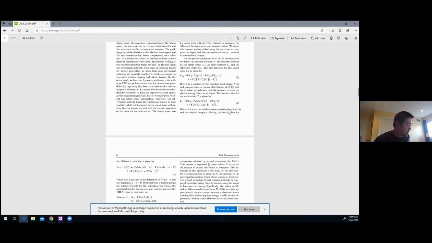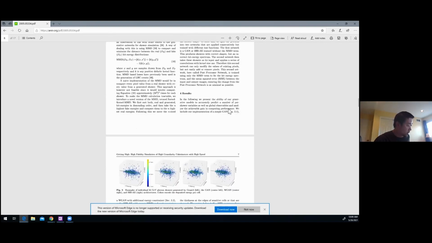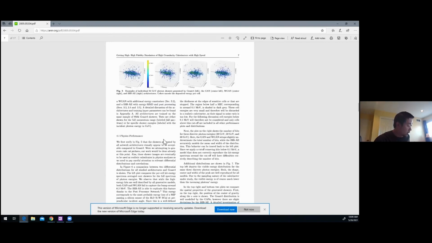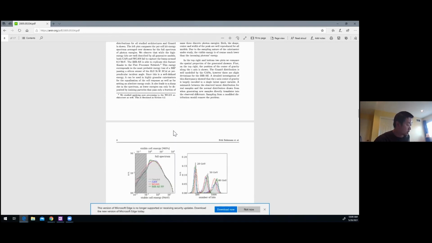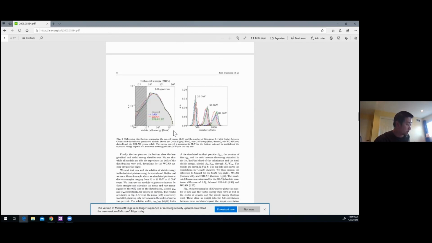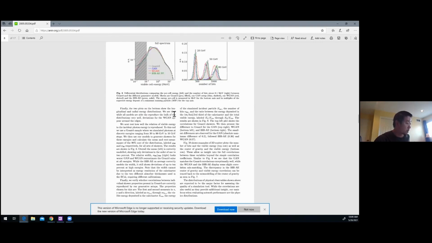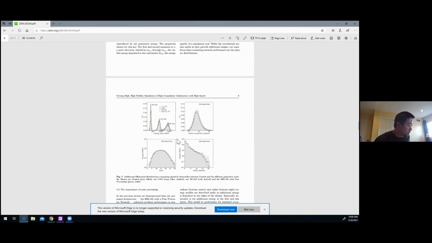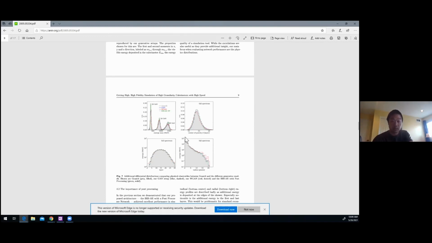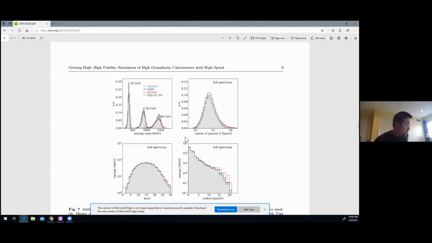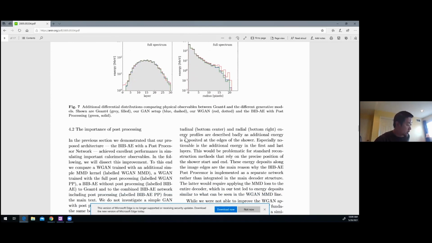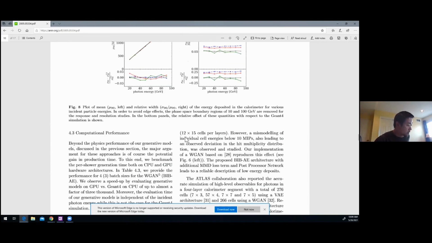But then they were able to get pretty good performance, I think, for this enormous, relative to what's been considered before, calorimeter simulation. So again, pretty good agreement. That's just to give you a sense of the current state of the art.